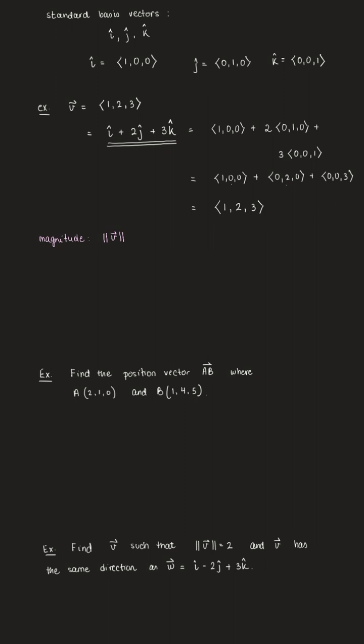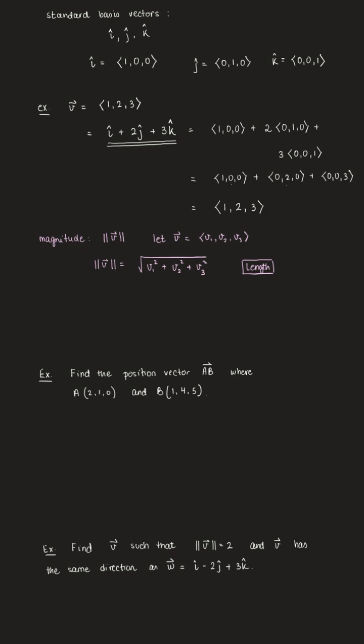And if our vector v is the vector with components v sub 1, v sub 2, v sub 3, then the magnitude of v will be the square root of each component squared added together. So v sub 1 squared plus v sub 2 squared plus v sub 3 squared. And that's going to give us the length of any vector. This comes from the distance formula in R3.